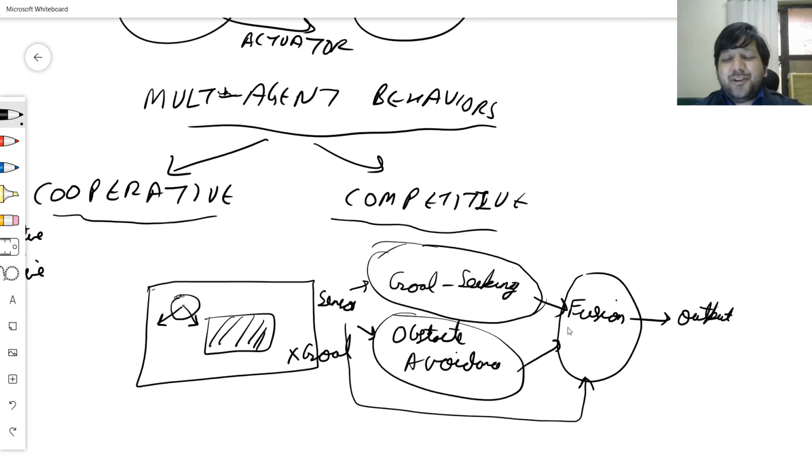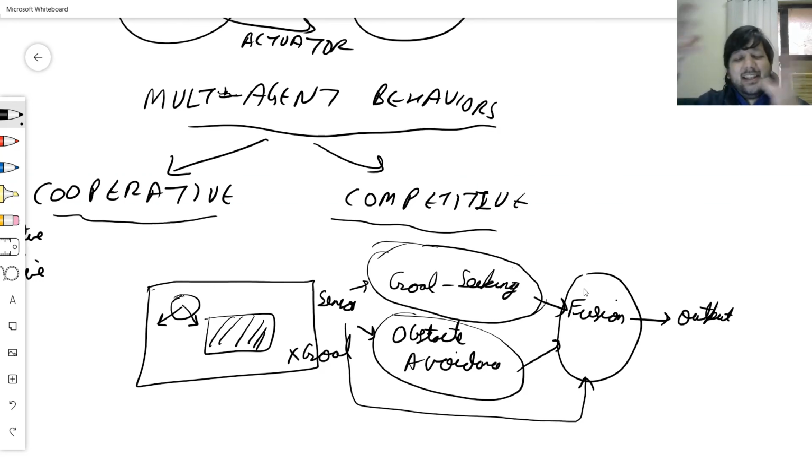And the fusion mechanism either tries to take a weighted addition of the two, that okay, let me say 90% I go with goal seeking and 20% I go with obstacle avoidance based on a context which is I'm far away from obstacles.